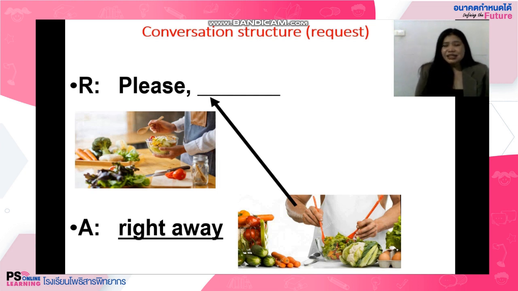That is mix. Mix what? The vegetables. Very good. So the request is please mix the vegetables. Again, please mix the vegetables. And the answer, I gave it already, right away.